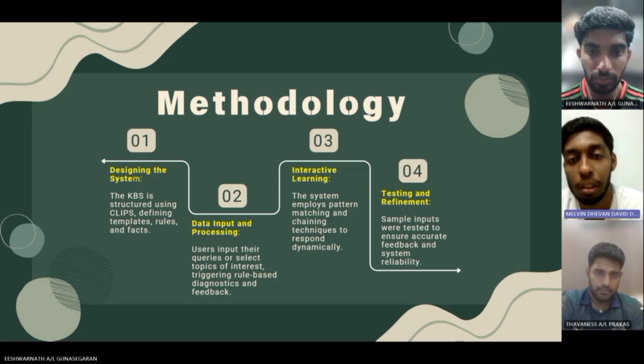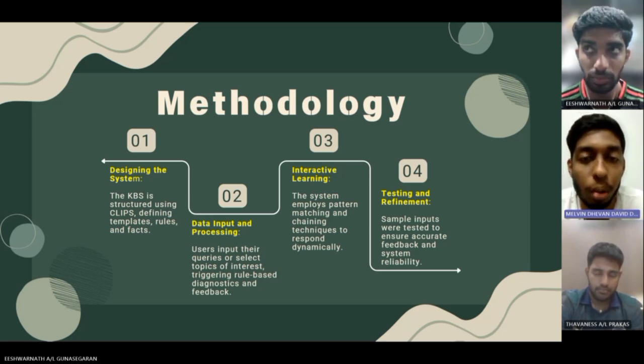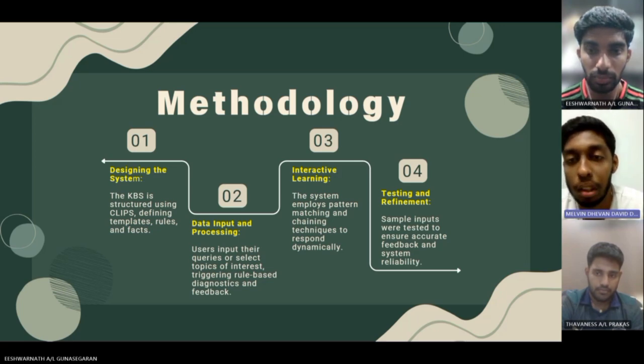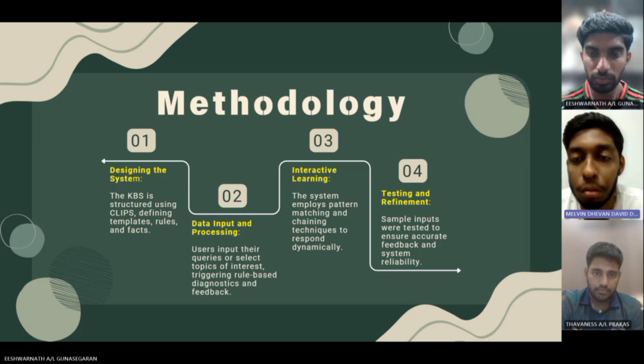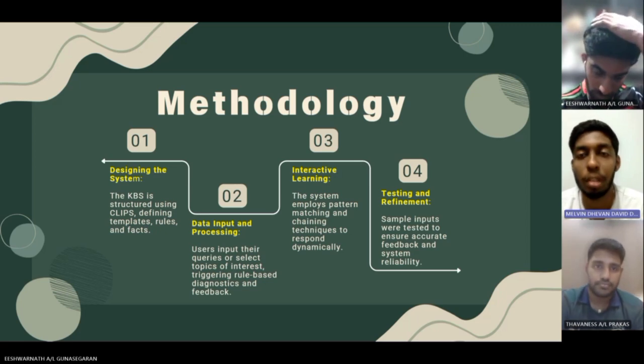For interactive learning, the system employs pattern matching and chaining technique to respond dynamically. And for testing and refinement, sample inputs were tested to ensure accurate feedback and system reliability. So next, my friend Ishwar will present.